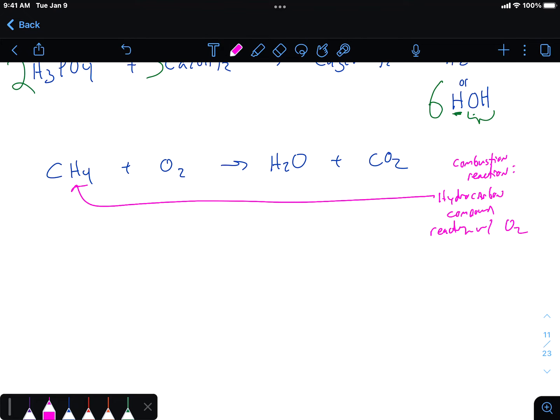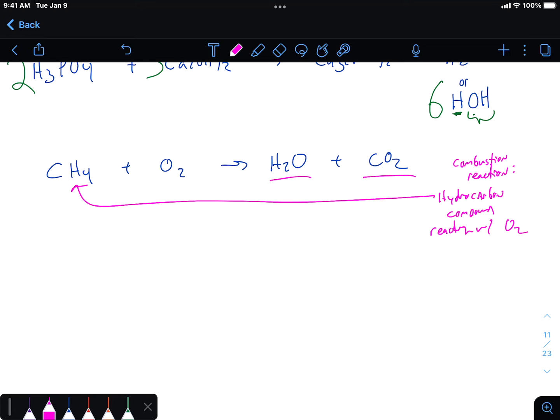So, examples of other hydrocarbon compounds: C2H6, C2H5OH, C4H10, right? When it has lots of C's and H's, that's a hydrocarbon, okay? And so hydrocarbons, when they react with oxygen, they always make the same products: water and carbon dioxide.